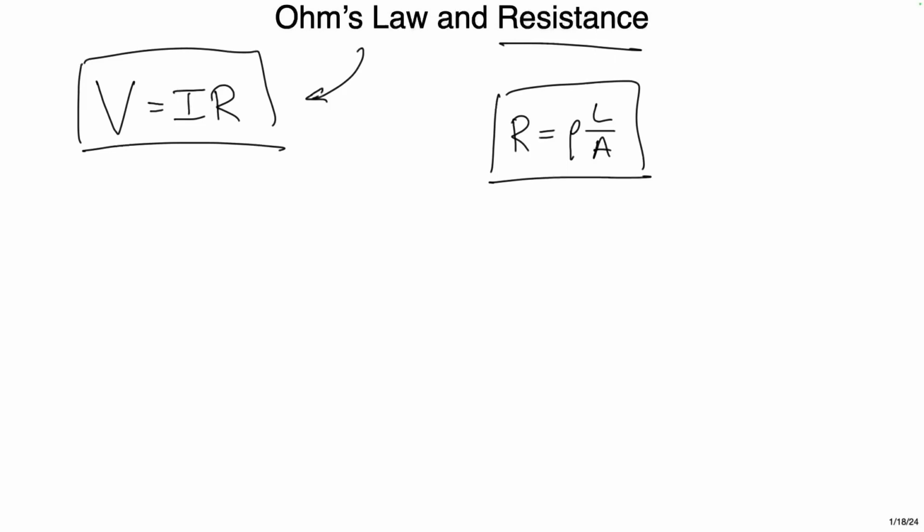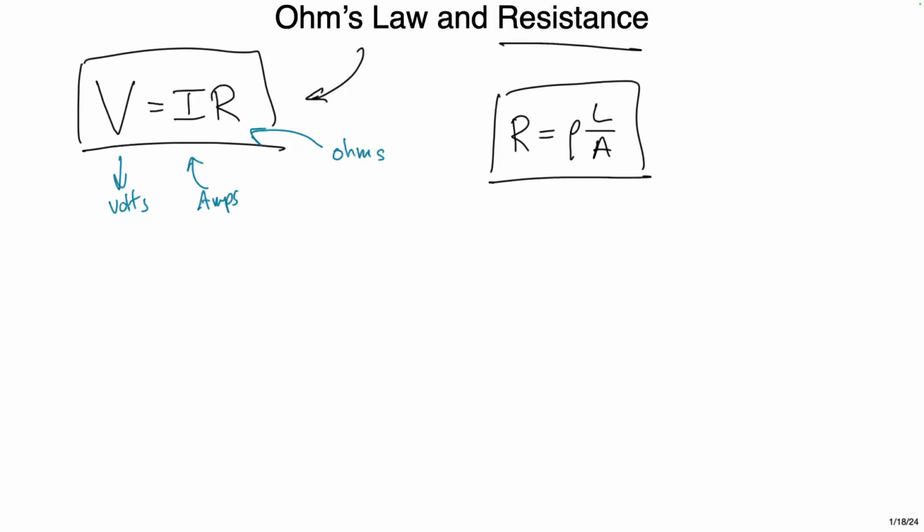So the units here can get a little squirrely. What are the units of electric potential? It's volts. What are the units of current? Amps or amperes. The units of resistance are ohms. The symbol for an ohm is that symbol right there. That is the Greek letter capital omega.